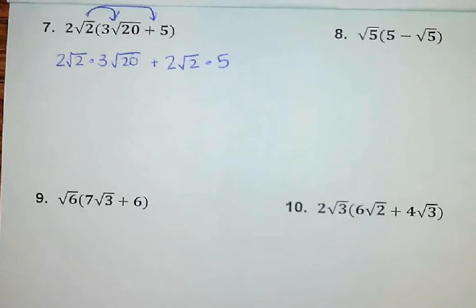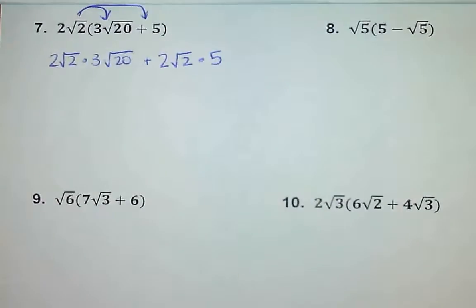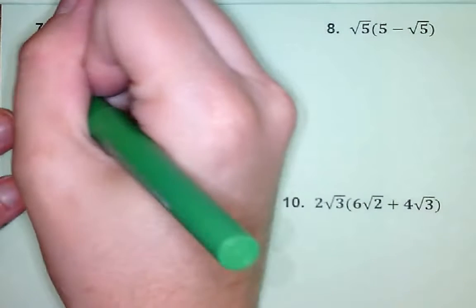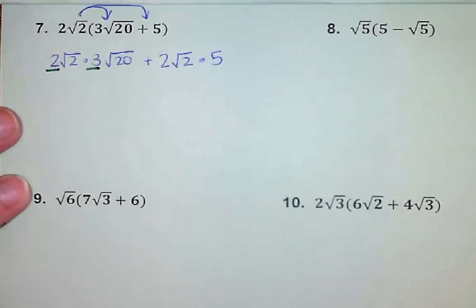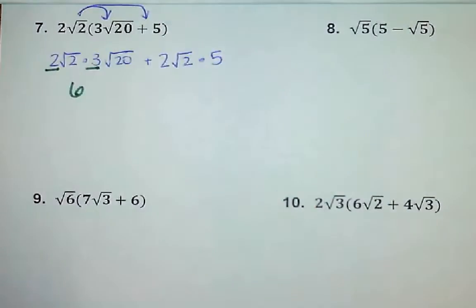Now we treat these like separate little problems. We do the outside by the outside, so 2 times 3 is 6, and 2 times 20 is 40. So we have 6 square root of 40. Are y'all good with that?